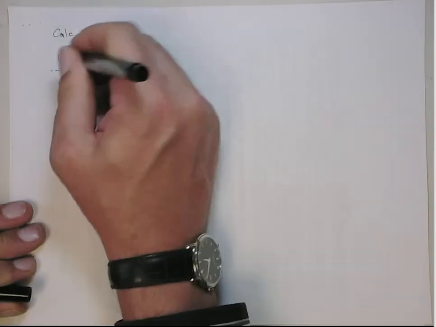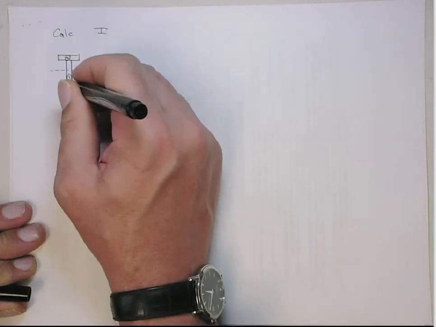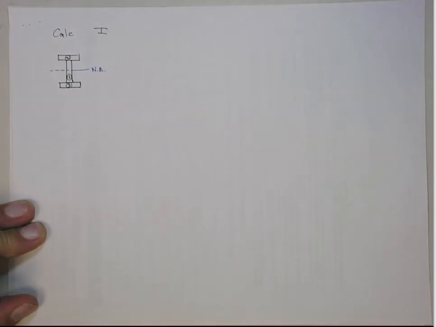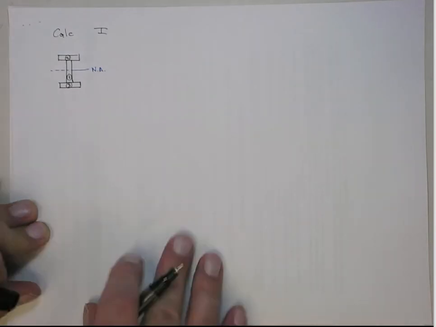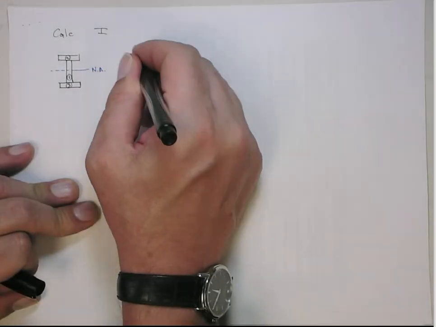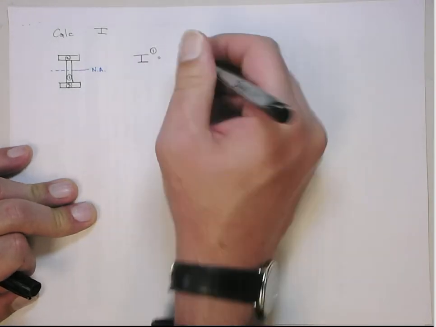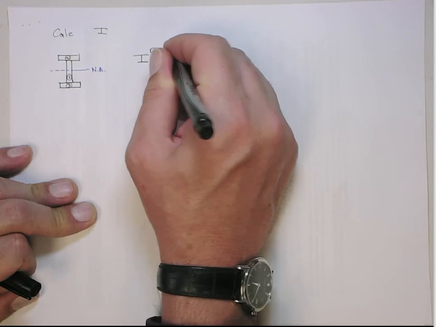So we'll break this up into 3 sections. Section 1, Section 2, and Section 3, which is really the same as Section 2. I need to write a little bigger, I guess. That's getting a little tough to see. Okay, so the I for Section 1 is just going to be 1/12 base times height. The base is t2.